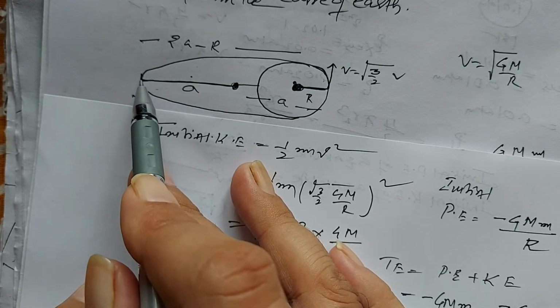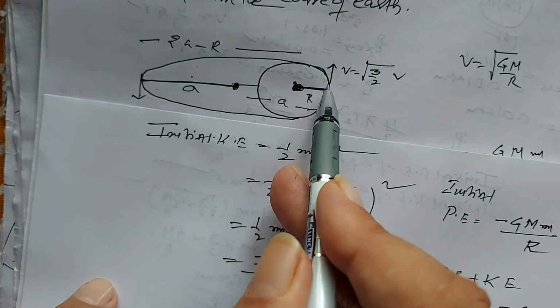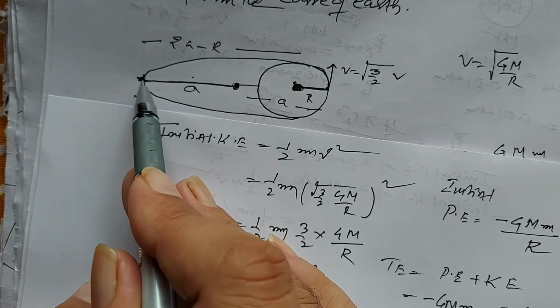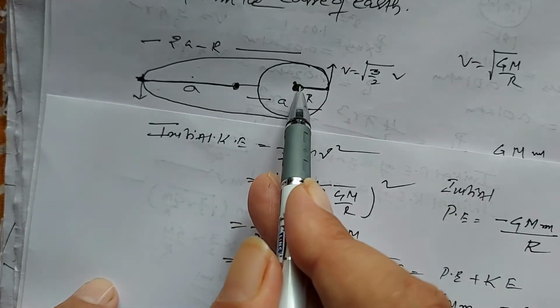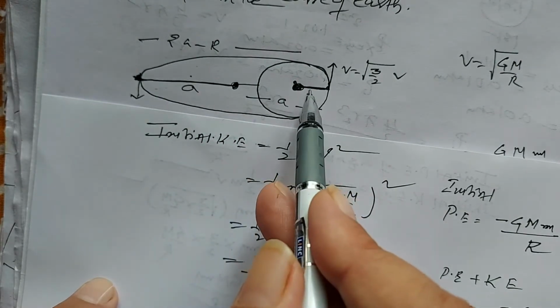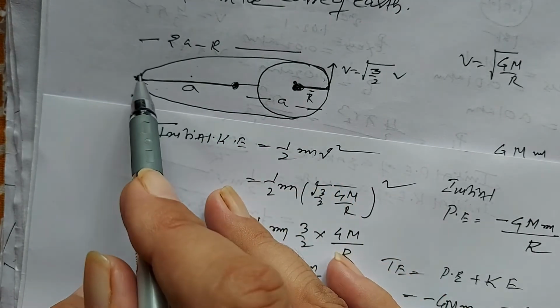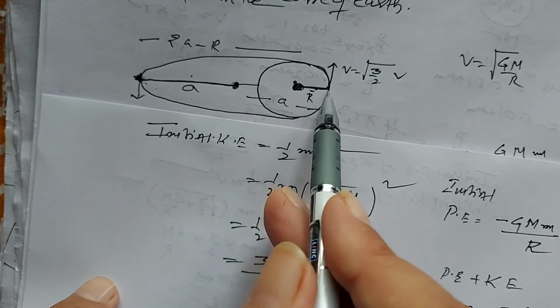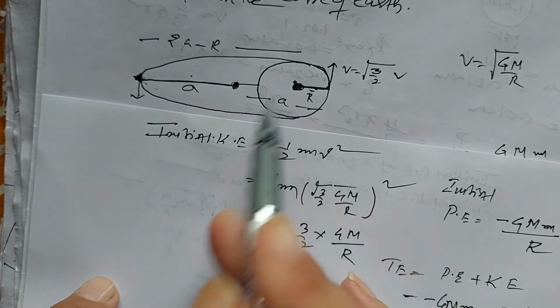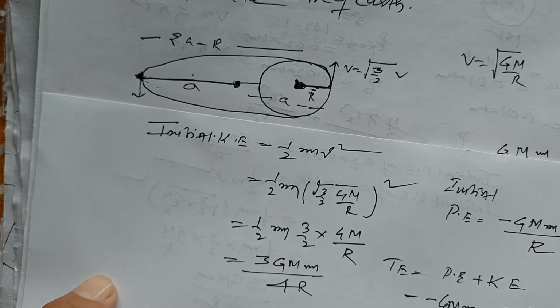So when the satellite is revolving in an elliptical orbit, when it reaches from this point to this point, the maximum distance of the satellite from the center of the Earth is this total length, 2a minus r.